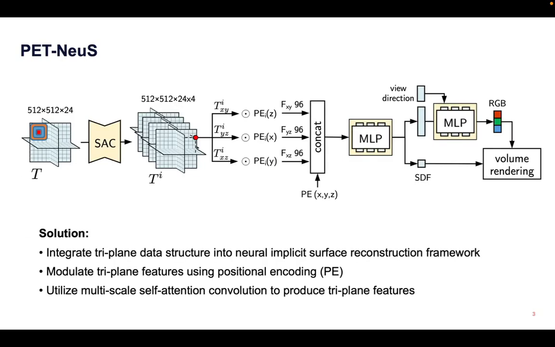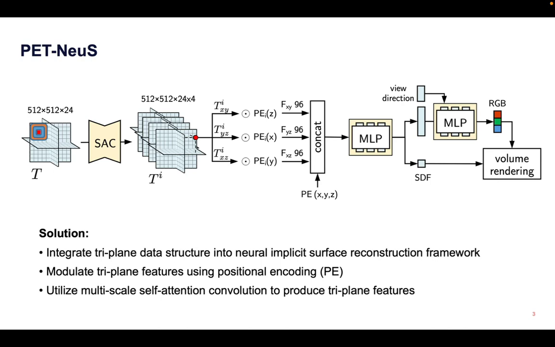We propose a novel framework called PET-NeuS that enhances multi-view surface reconstruction by enabling greater expressiveness for encoding local features while effectively reducing the impact of noise interference. Our solution is as follows.